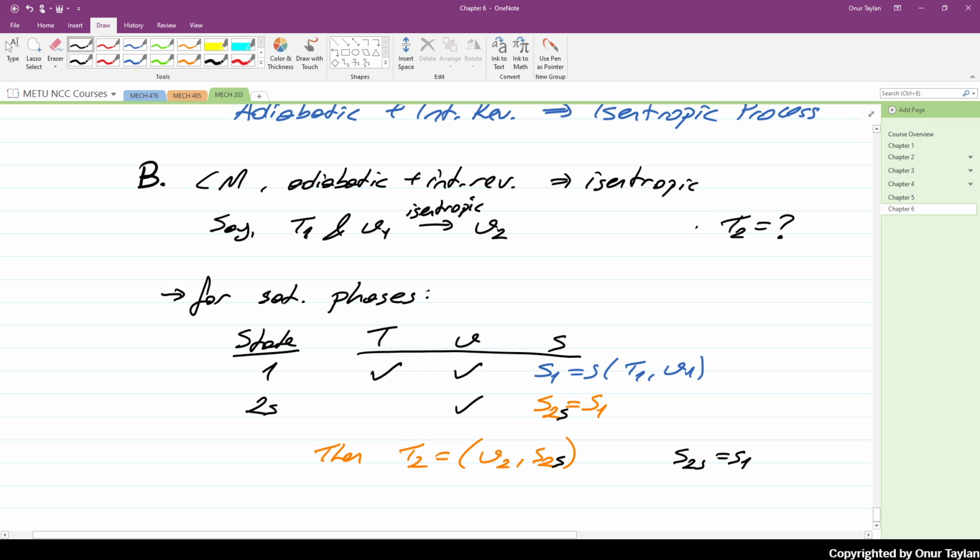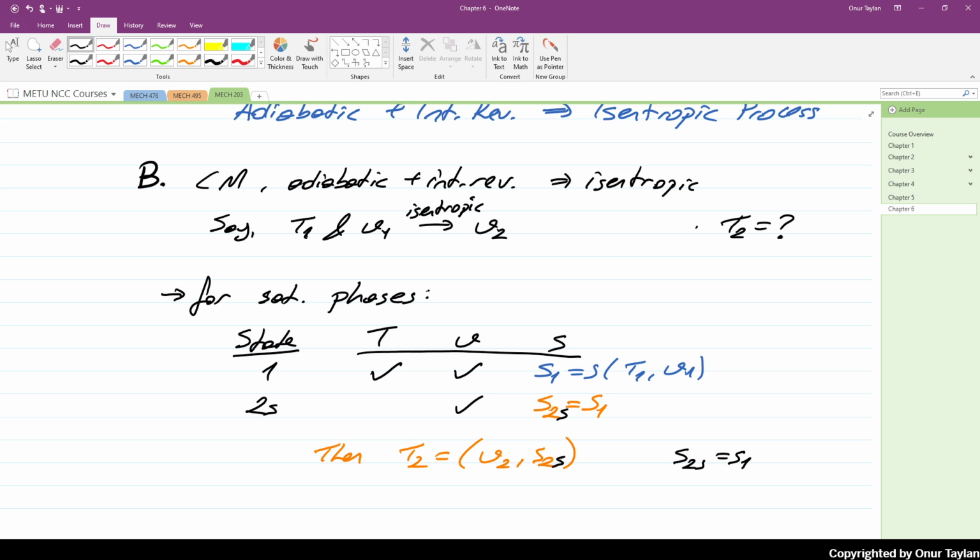So this subscript S denotes that the process is isentropic from 1 to 2. The 2S is the isentropic exit state. Using this notation, you are indicating that the process is isentropic. We will use this a lot when we are analyzing the cycles in chapters 8 through 10.